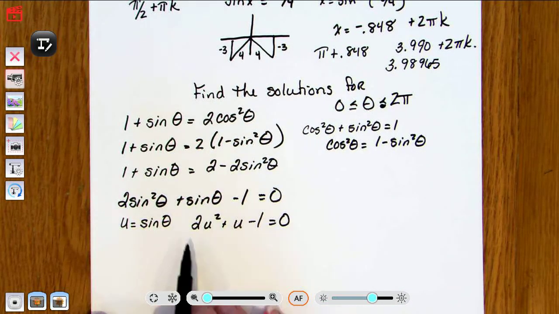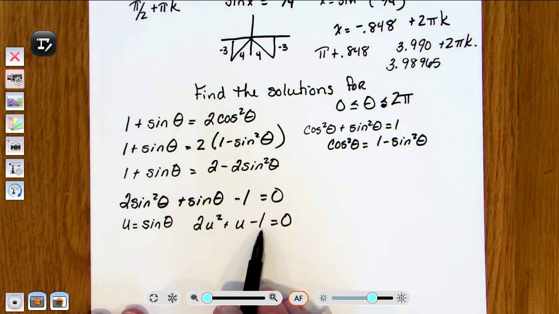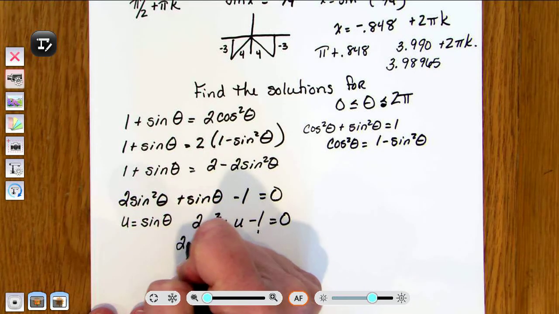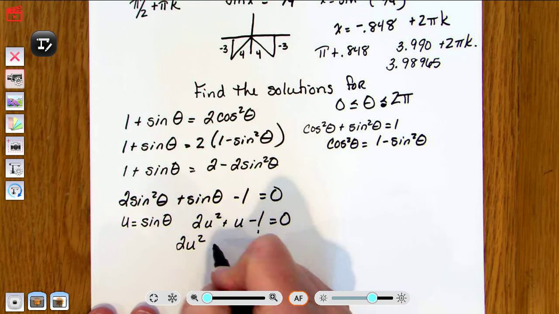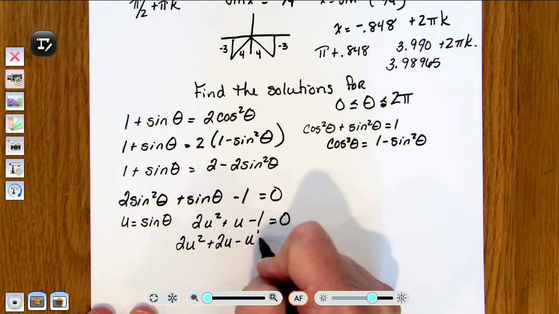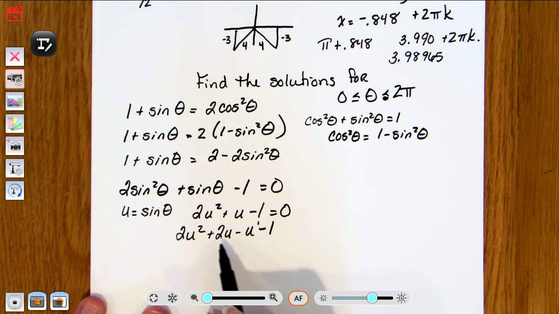Okay, so trying to factor this, I'm looking for two numbers that multiply together to give me a negative 2 that add together to give me a 1. I believe that will work. So rewriting that u as a 2u minus u.